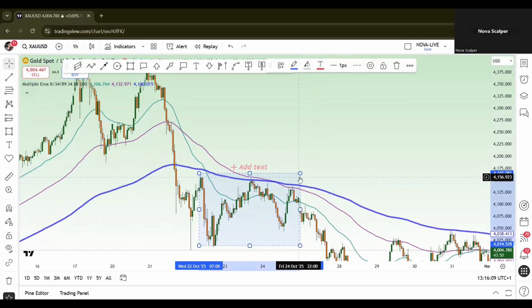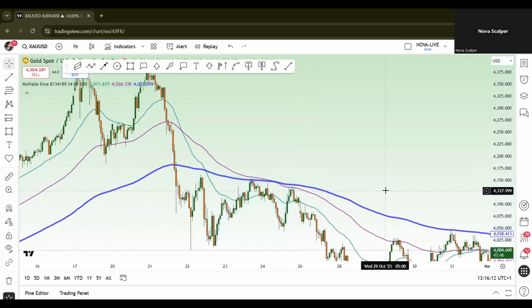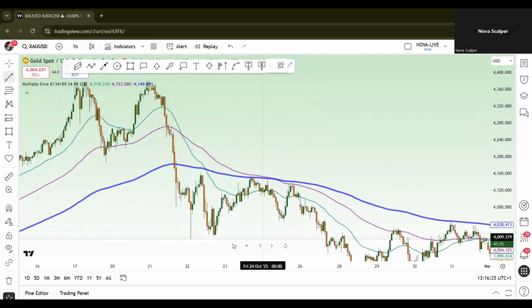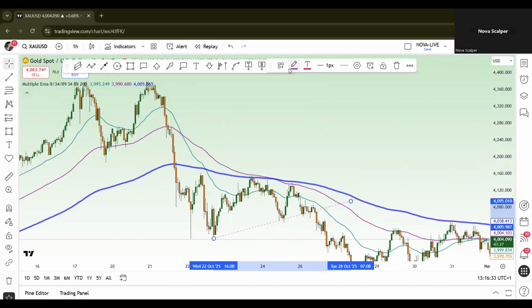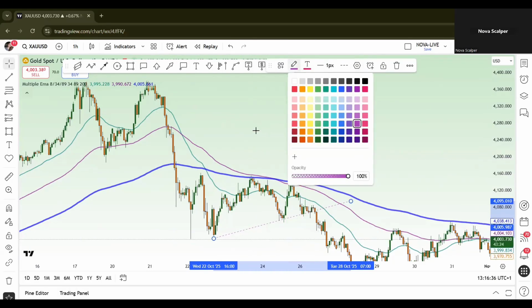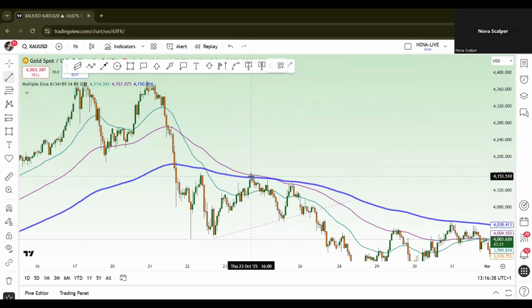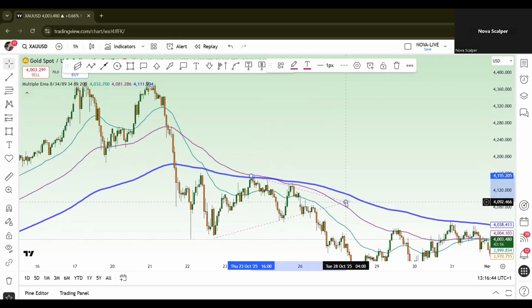So when we identify a sideways period of the market, even though it's moving in a sideways range, gold is still forming higher highs and higher lows, but in a narrow range. So we can connect the lows together, and then we do the similar action with the highs, connecting the highs together.